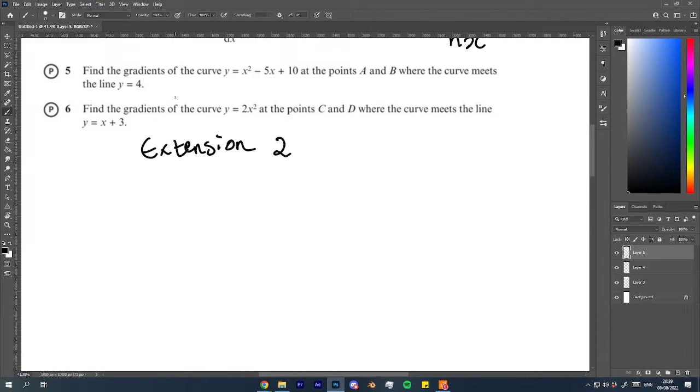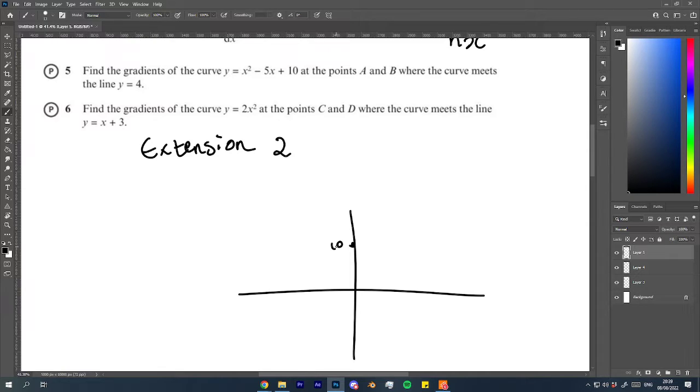Find the gradient of the curve y equals x squared minus 5x plus 10 at the points A, B, where the curve meets the line y equals 4. Okay, this will look like, well, we have a 10 there.